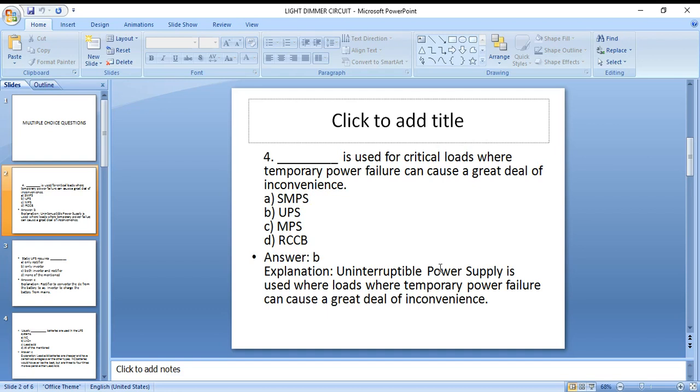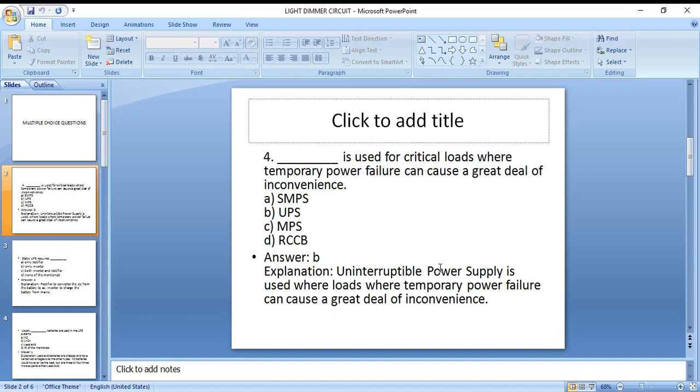Option A SMPS, option B UPS, option C MPS, option D RCCB. Generally for critical loads, we are using UPS as an alternative power supply for a smaller duration of time. So option B is the correct answer.